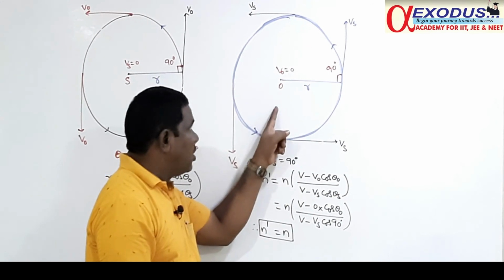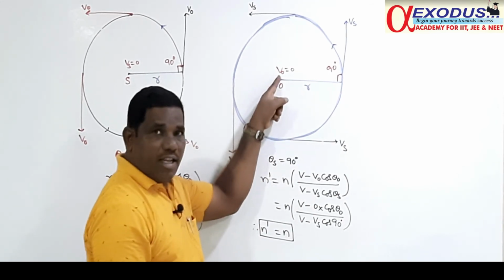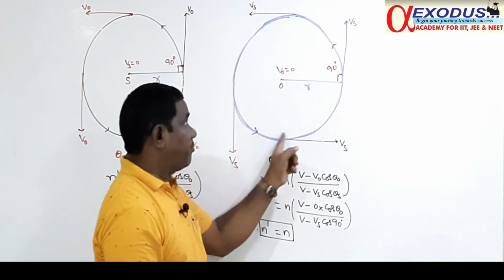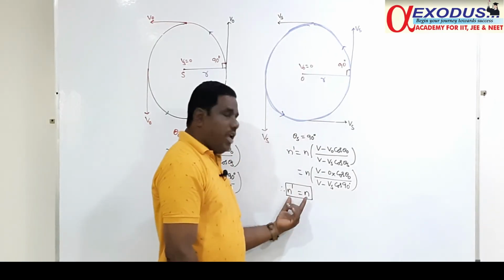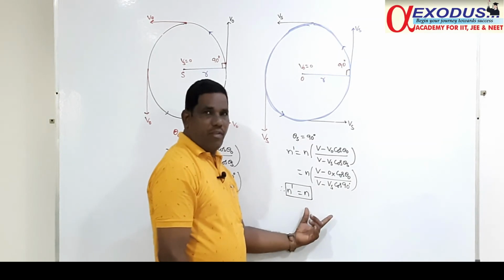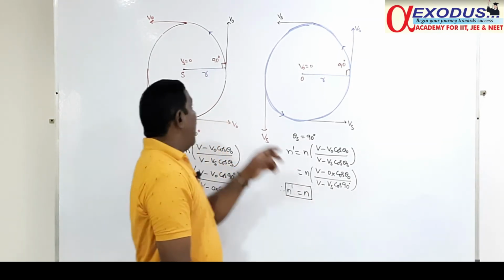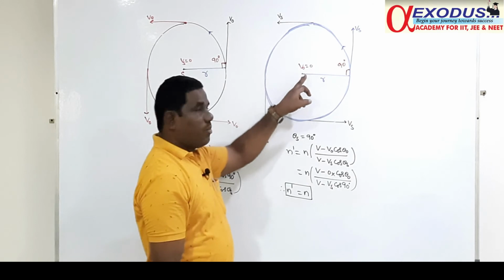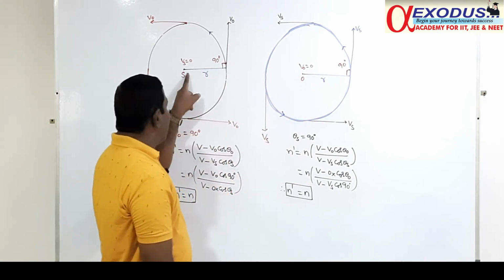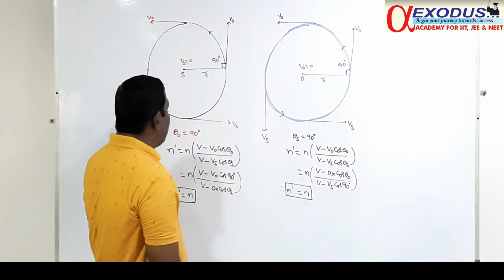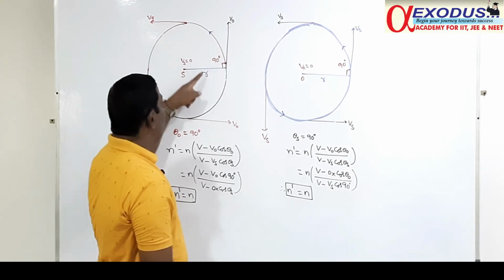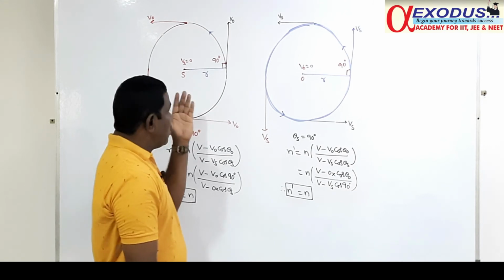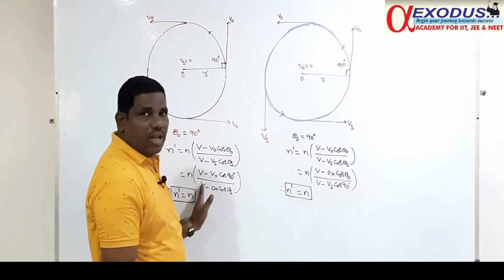In this second situation, the observer is at rest and the source of a sound is in circular motion with the radius of r, and then also he cannot identify any Doppler effect. Whatever may be, either the source is at rest or the observer is at rest. If the source is at rest and the observer is moving with the velocity of v0 in circular motion of radius r, there is no identification of a Doppler effect.